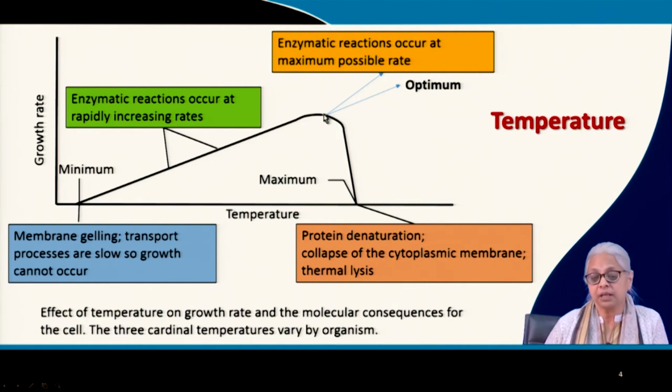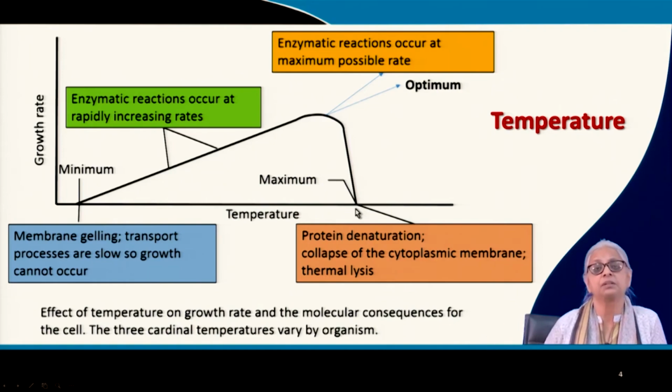When this optimum point has been crossed, optimum is defined as the point at which the growth rate is maximum. Beyond that point, the growth rate starts coming down, and that is because damage starts becoming apparent. The cells are being damaged, the enzymes are being damaged, the cell wall may be damaged, and so on.